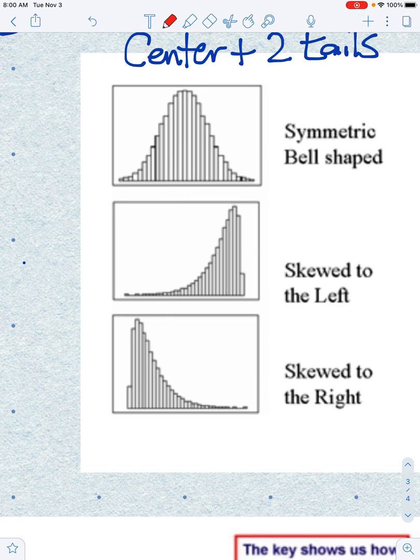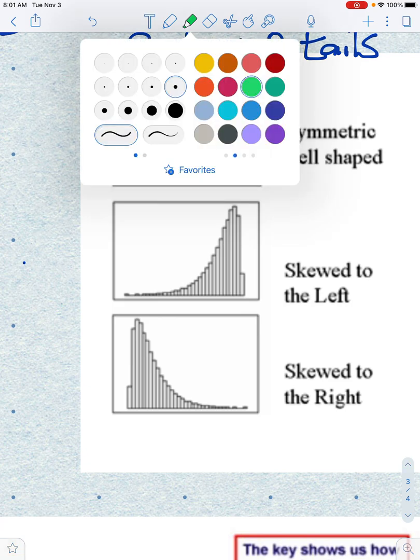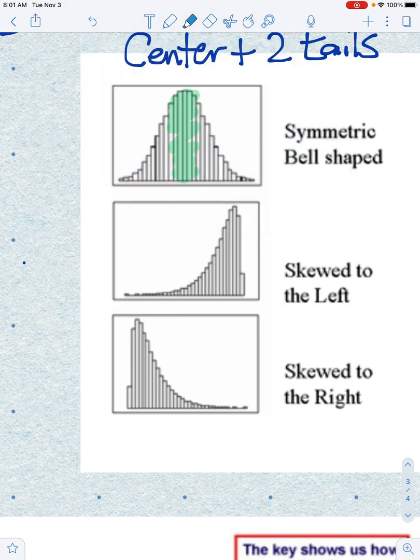First of all, there's a symmetric shape where the data is arranged around a value, a group of values, in the middle. You can think of this as a center and then 2 tails. The tail would be on either side.